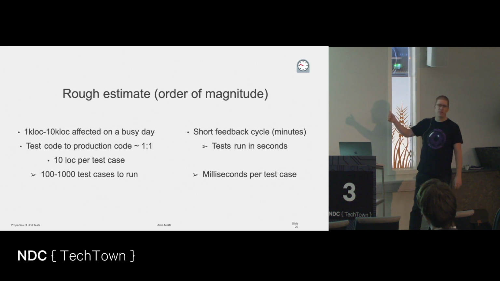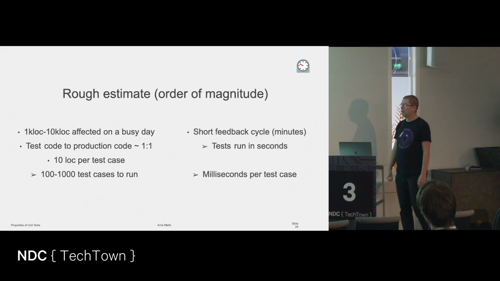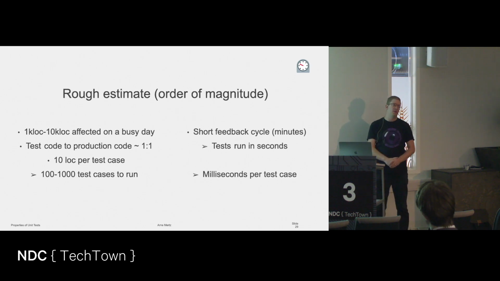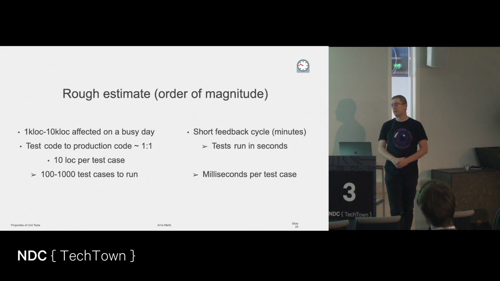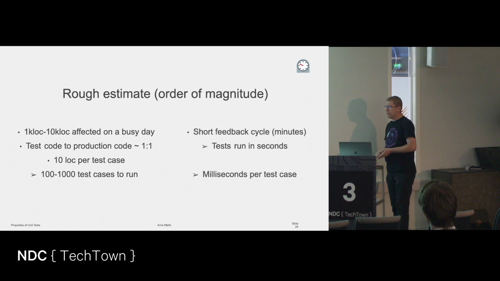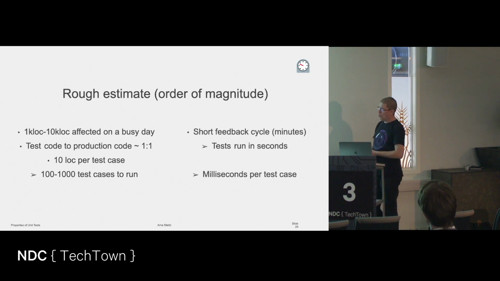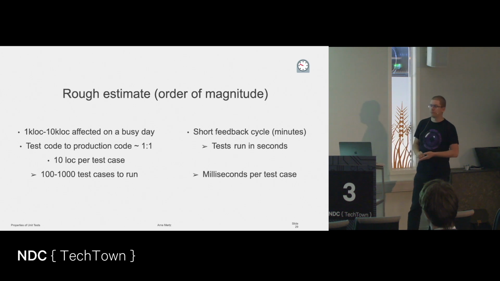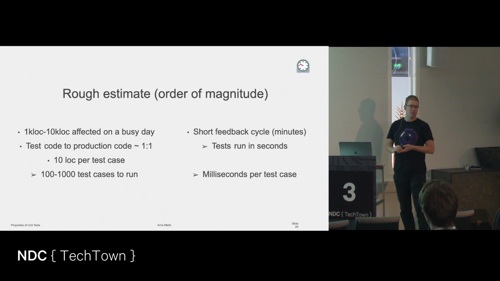But usually, I would say let's go with 1-to-1. I have 10 lines of code per test case, roughly. As I said, ideal would be 3 lines, but 10 lines is okay. Plus a bit of glue code, of factored out functions and stuff like that. If I have 100 to, and that together means I have like 100 to 1000 test cases to run in a day.